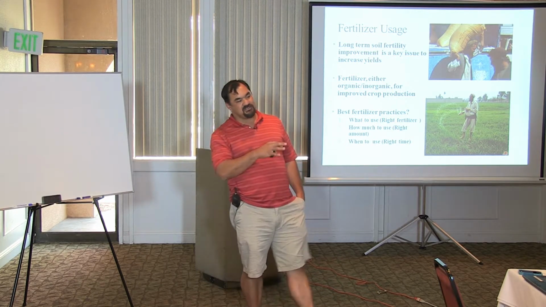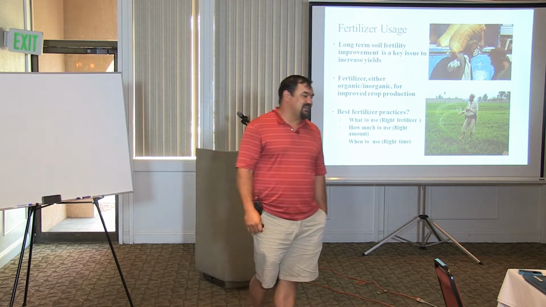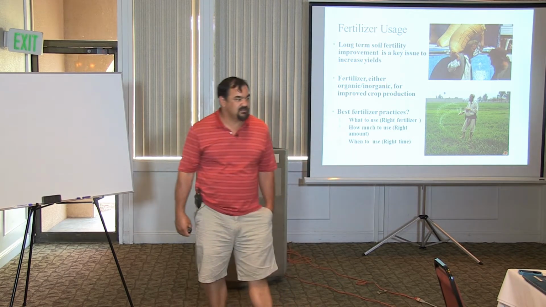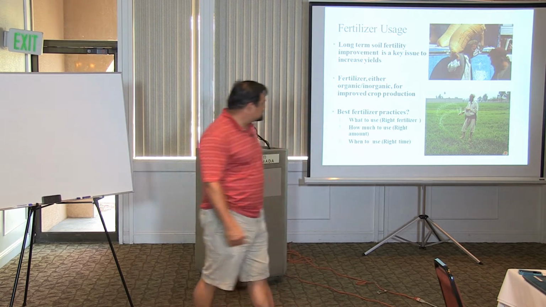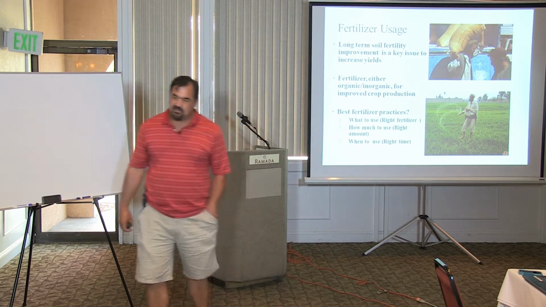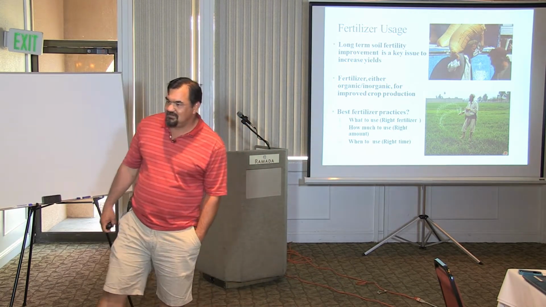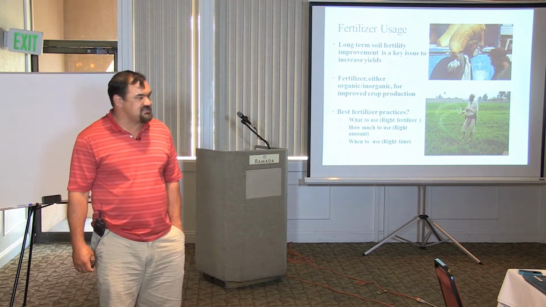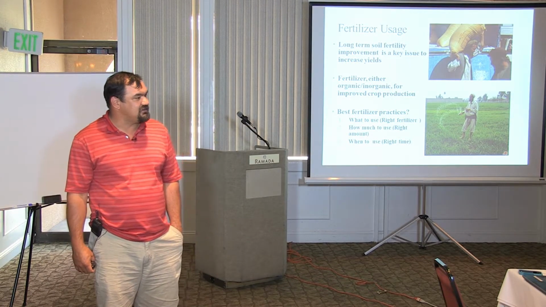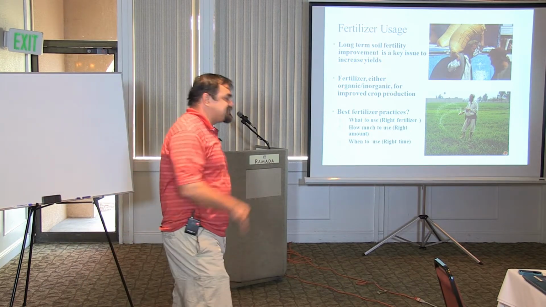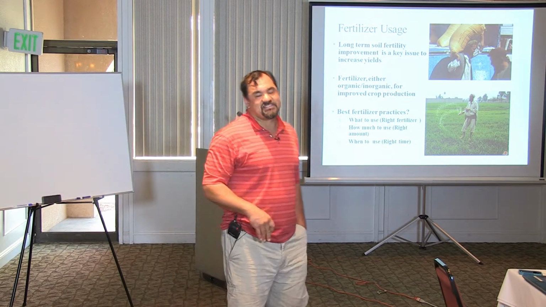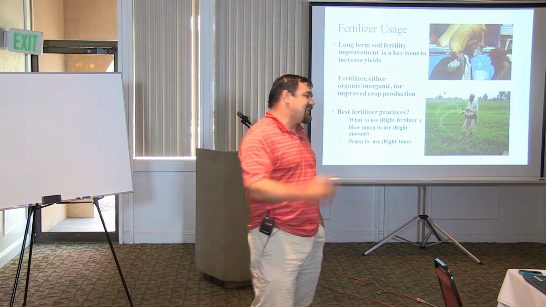So you got to be real careful. You got to add it at the right time, in the right amount. Most people tend to believe that if a little is good, a lot is better. And sometimes that's not always the right way. In some things, if you add too much, most of it is wasted. In other cases, you can in fact burn it.